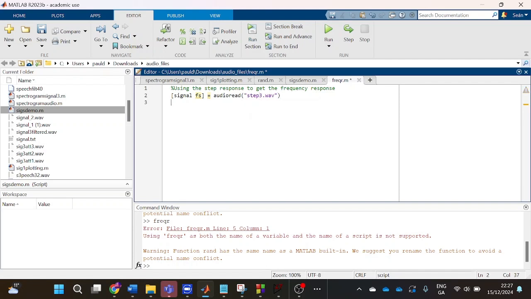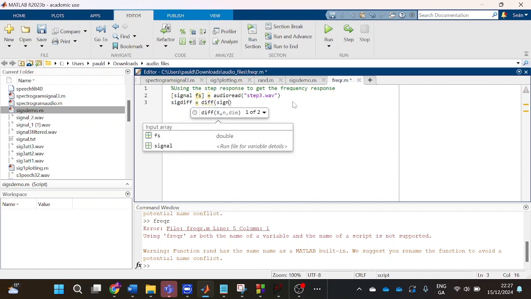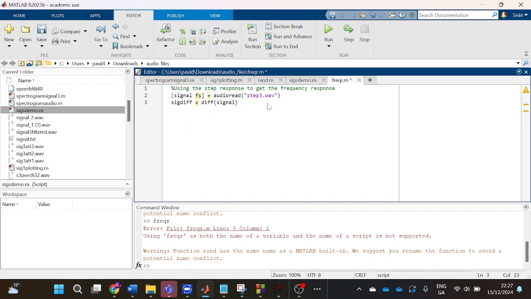So load that in. One of the steps along the way is to derive this, so we use the diff function in Matlab. We obviously want our axis to be in hertz and not bins, so we'll take that into account.